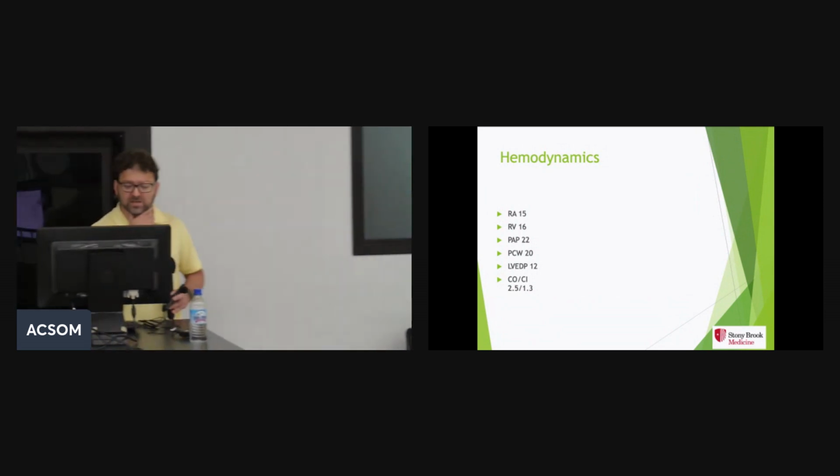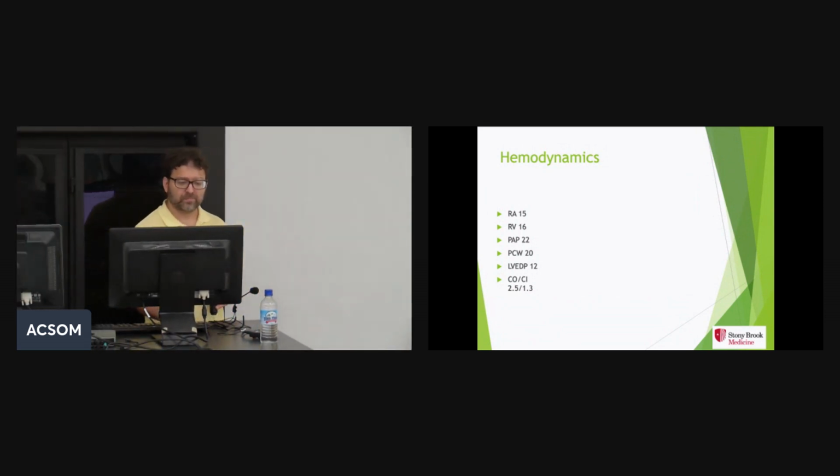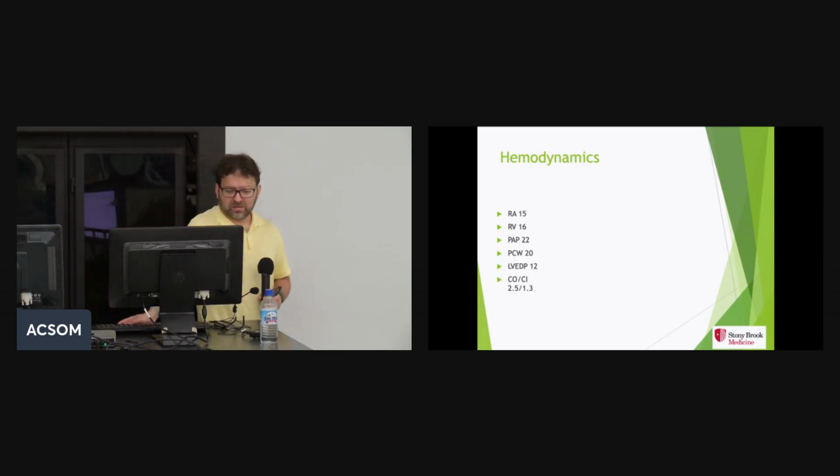So he's taken to the cath lab. Right atrial pressure is 15, right ventricular pressure is 16, pulmonary arterial pressure is 22, wedge is 20, his LVEDP is 12, and his cardiac output is 2.5.